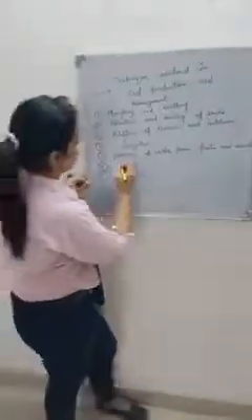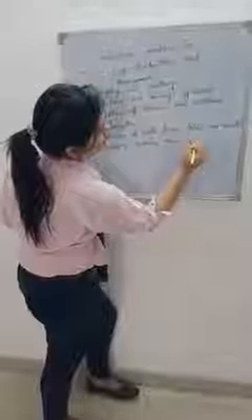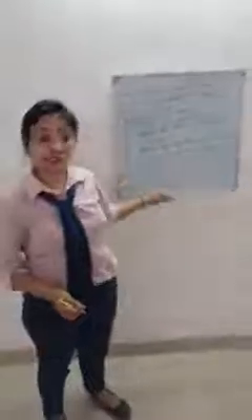Another one is harvesting, threshing and winnowing. And storage. So these are the 7 techniques involved in crop production and management.